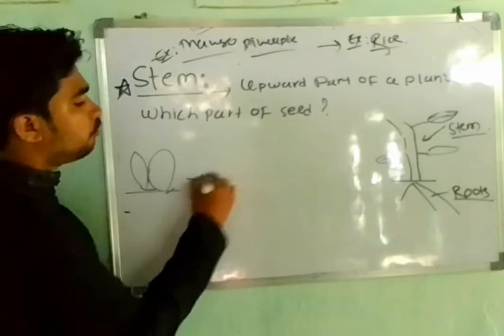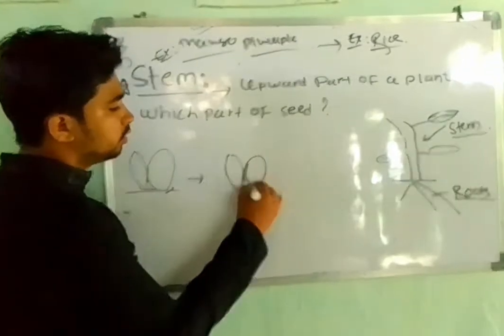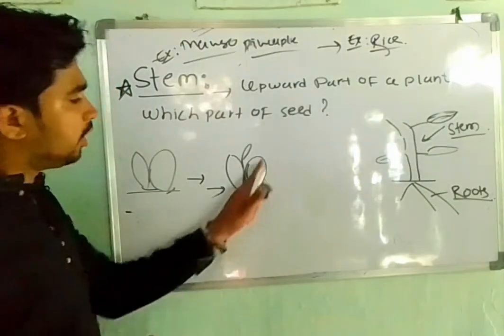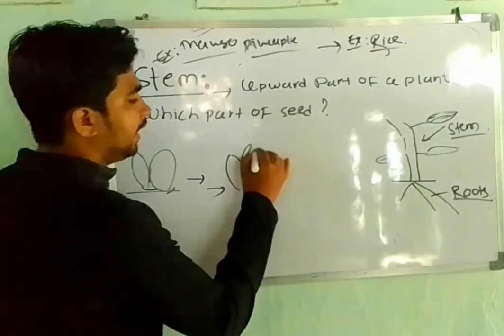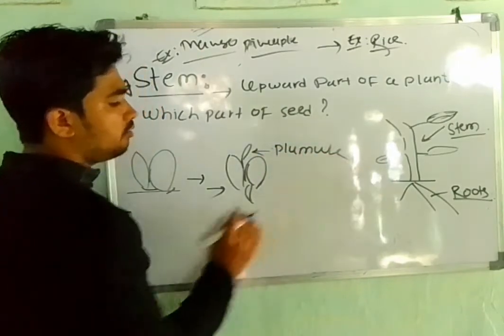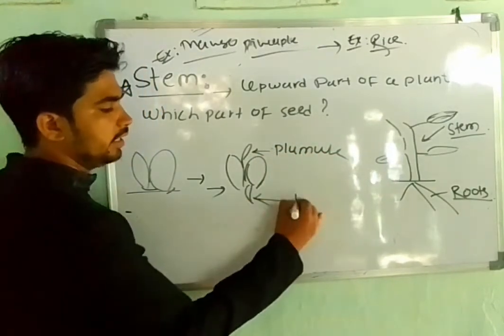So in the case of the dicotyledon, there are two parts of the seed. The first part, on the upper side, is known as the plumule, and the lower side of the seed is known as the radicle.